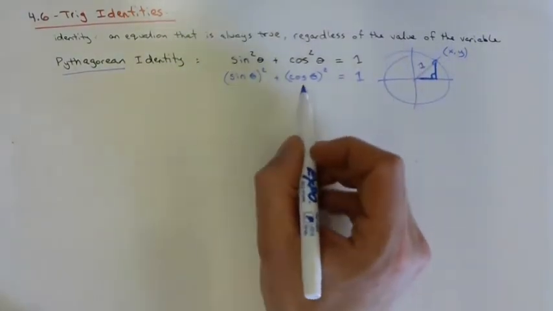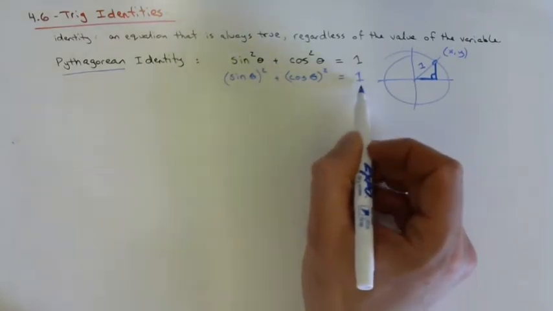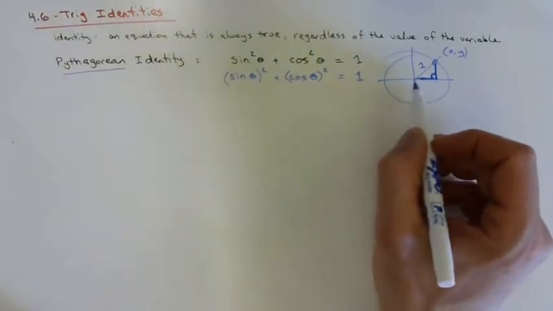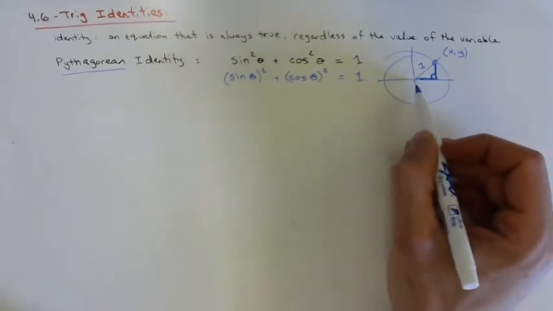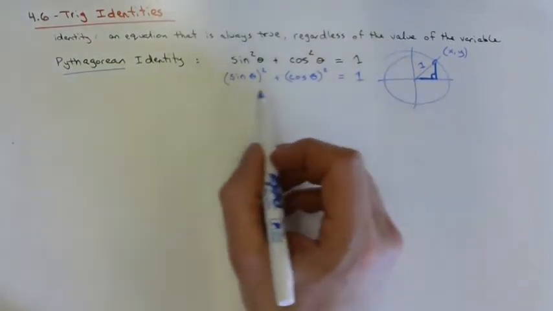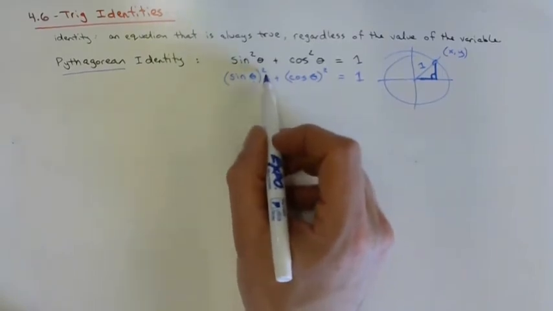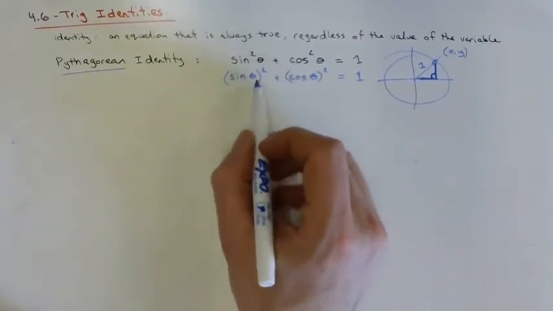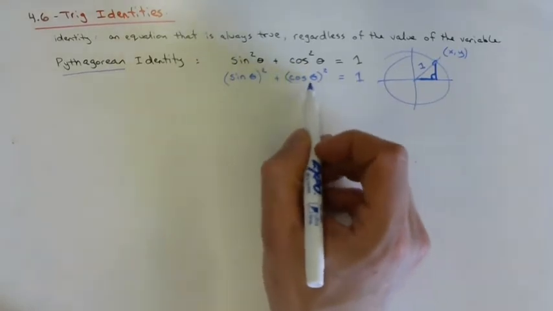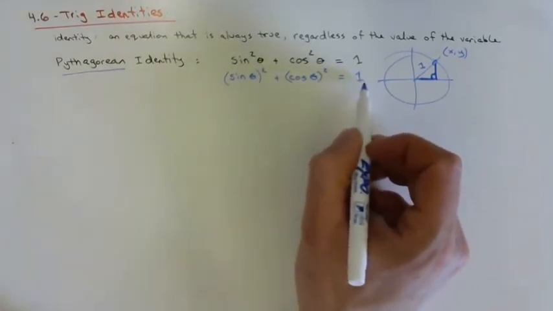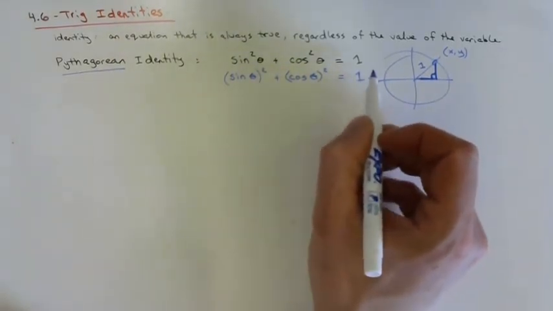A squared plus b squared equals c squared. That's all this is, but it uses trig identities. Cosine of theta squared plus sine of theta squared equals 1 squared. 1 squared is just 1. That's why you don't see c squared.